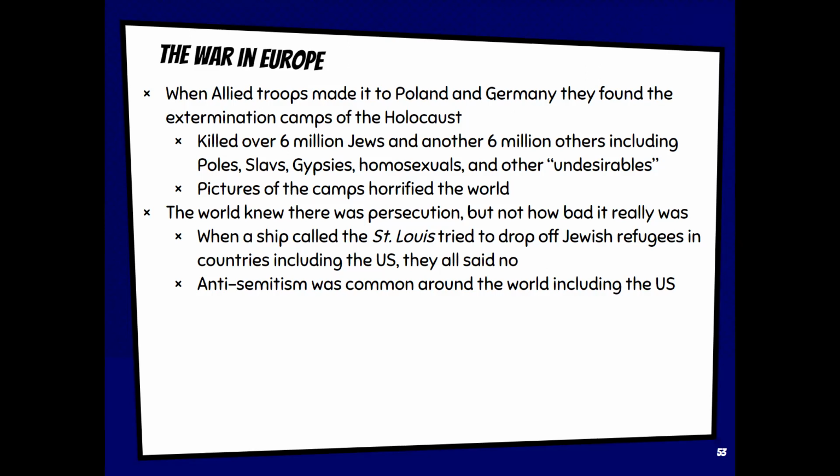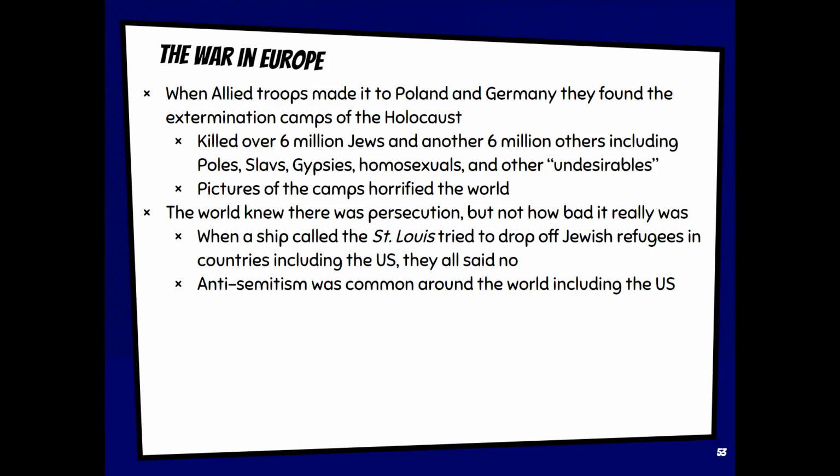People around the world knew that there was persecution going on, not how bad it was. There's some debate over what America could have done. But one example of this denial of Jewish citizens in the country was a ship called the St. Louis.